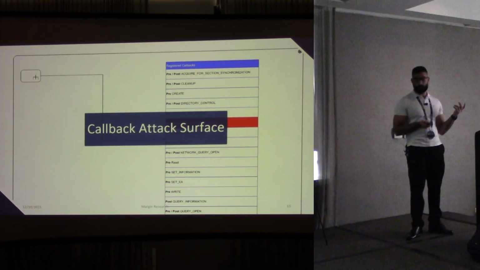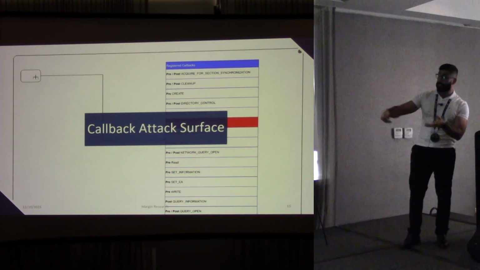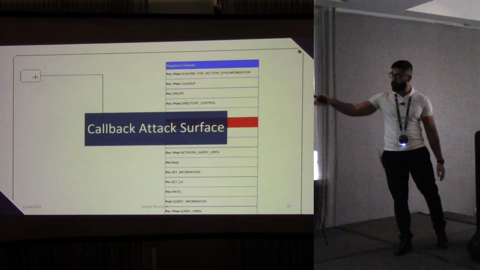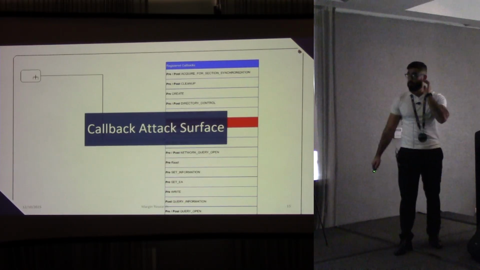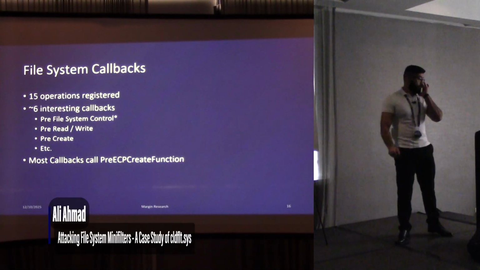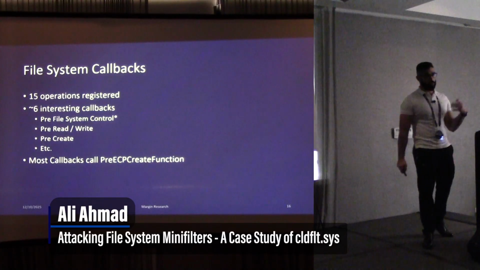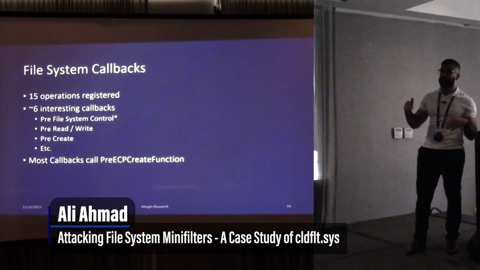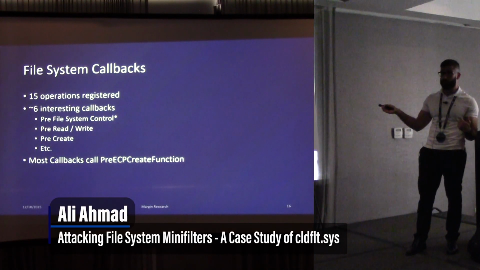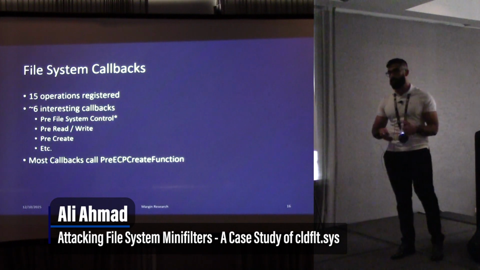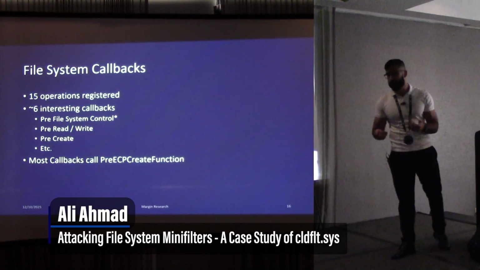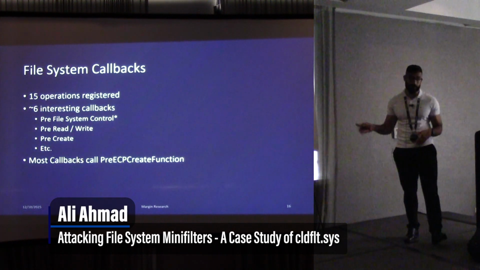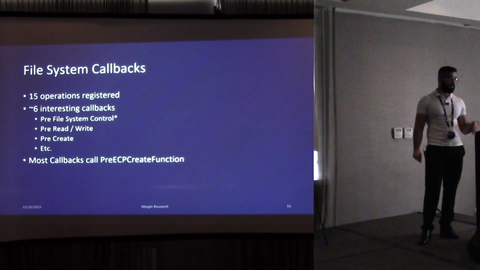Going over the filter callback surface, if you like the animation, it's the actual intercepted calls. I believe there are about 15 operations registered. Some of them have pre and post callbacks. Some of them just have pre. I didn't bother listing those. If you decide to research this, you can look at that.